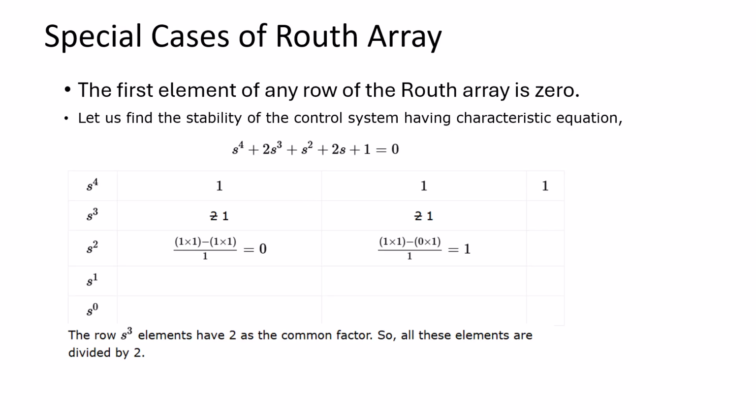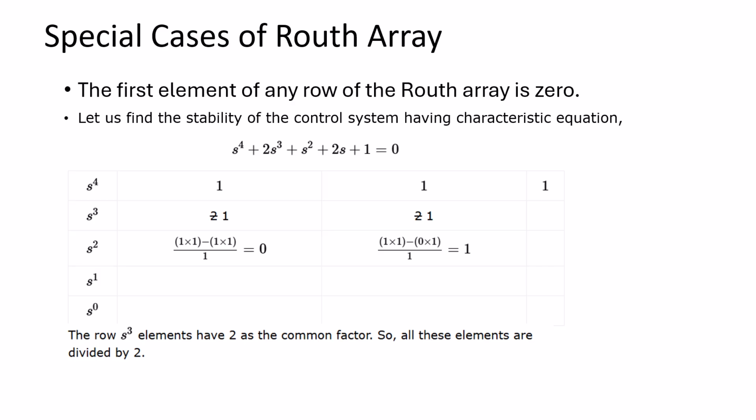In this special case, suppose the first element of any row of the Routh array is 0, then how can we construct or complete the Routh array? The example is given such that we get an element in the first column as 0.